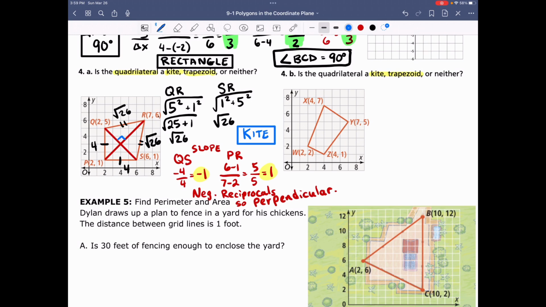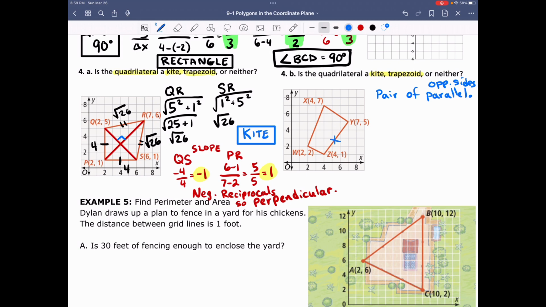Is this a trapezoid? Well, to be a trapezoid, you have to have a pair of opposite sides that are parallel.